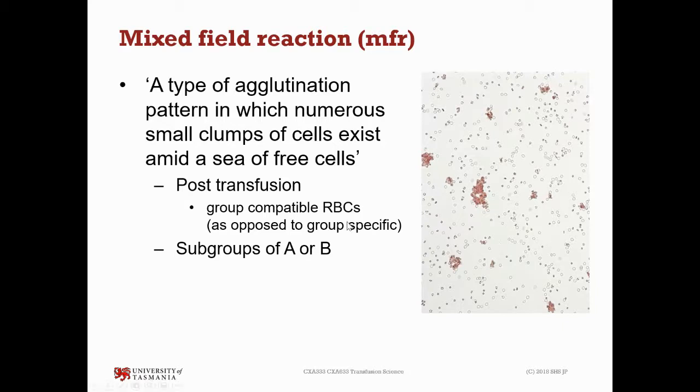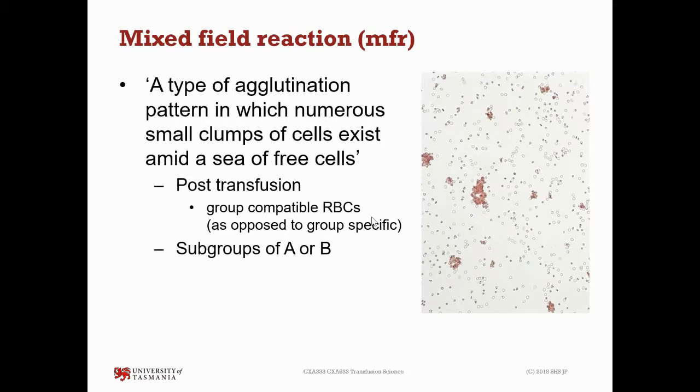As I said, this is most commonly seen post-transfusion. So this is where you've got a group A person who's been given group O blood. It may in fact dilute the reaction between the A antigen on the patient's red cells and the anti-A in our anti-sera, because there are group A cells there and there are group O cells there.